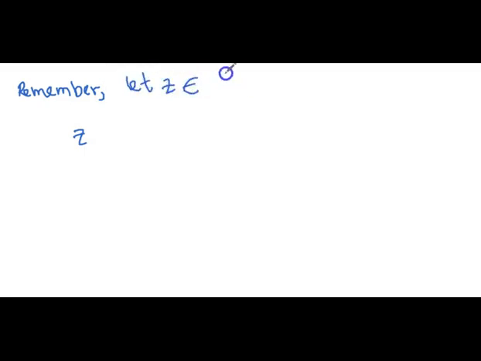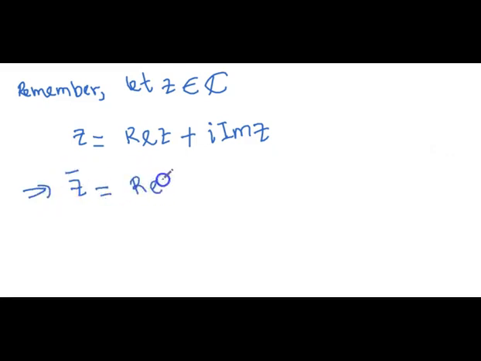The first thing is we would like to remember: let z be a complex number. That means that we can write this complex number as the real part plus I times the imaginary part, and it also means that the conjugate of this complex number is written as the real part minus I times the imaginary part of this number.